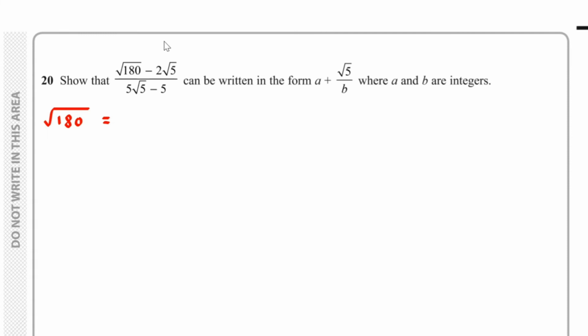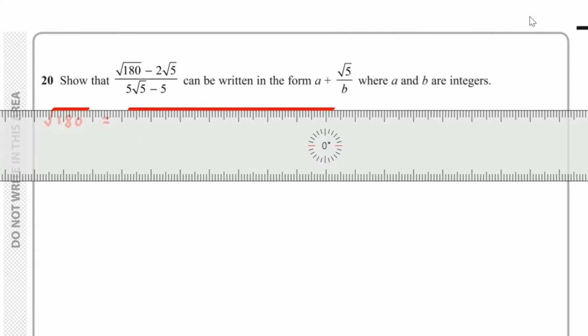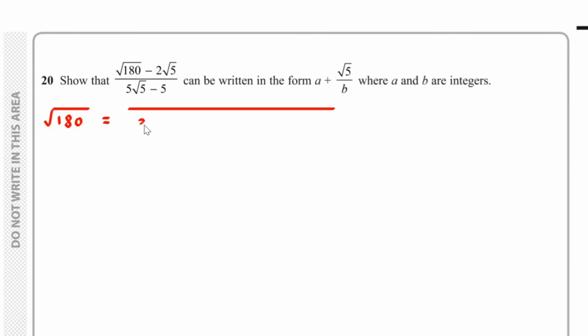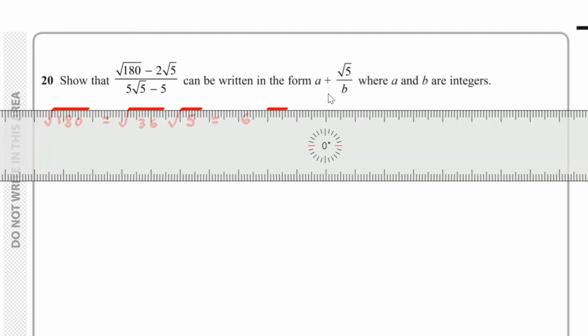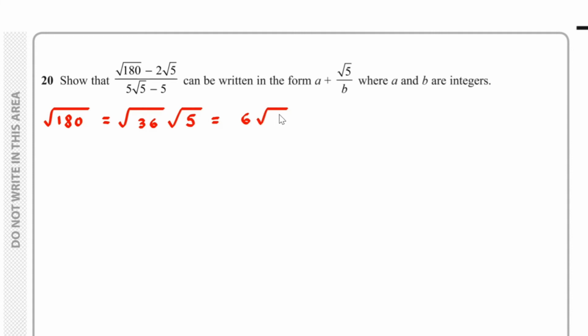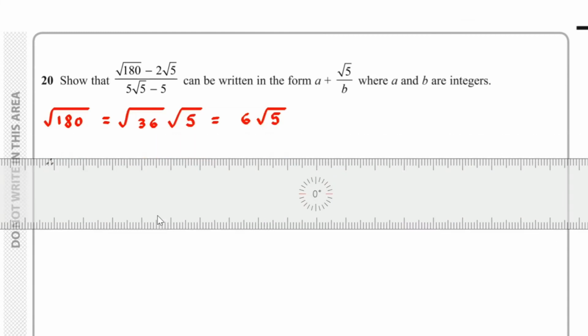This is the same as the square root of 36 multiplied by the square root of 5, which is the same as 6 times the square root of 5. So we can rewrite the result over here as follows.